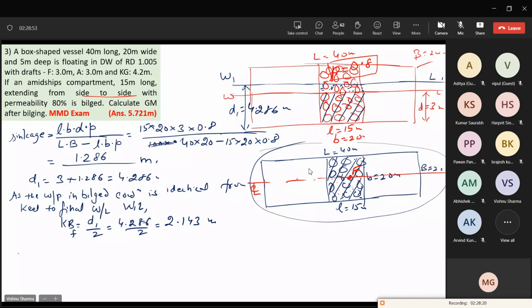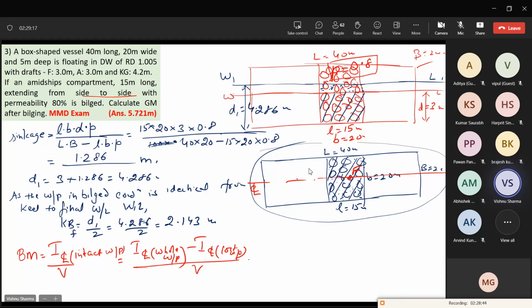Agreed. Now BM will be equal to I_CL of the intact water plane upon V. This will be equal to I_CL of the whole water plane minus I_CL of the lost water plane, divided by V. For the whole area, it will be LB cubed by 12. For the lost water plane, if there was no cargo, it would be LB cubed by 12.